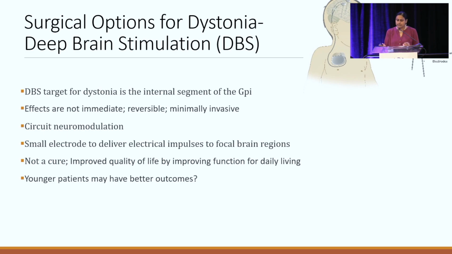And so with DBS, you put a small electrode and it delivers electrical impulses to a focal region of the brain. And in this case, it's an area of the basal ganglia called the GPI, the globus pallidus interna. And we know that the impulses that are being sent disrupt the abnormal signals that are going on in the brain that's leading to the dystonia.